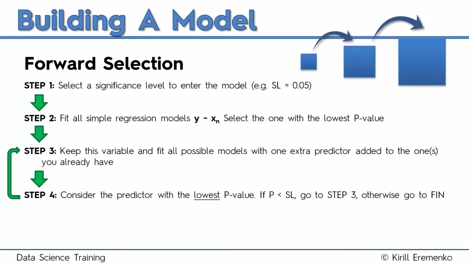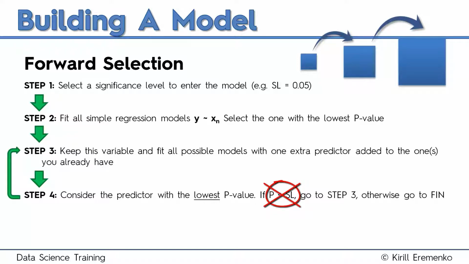So we'll keep growing the regression model, but not just randomly. We'll be selecting out of all of the possible combinations every single time and growing it with 1 variable at a time. And then we will only stop when the variable that we've added has a p-value that is greater than our significance level. So when this condition, p is less than SL, is not true, then we don't go to step 3, we finish the regression. Why?